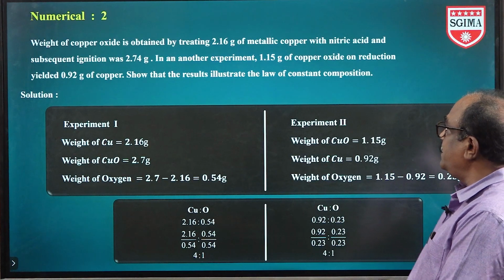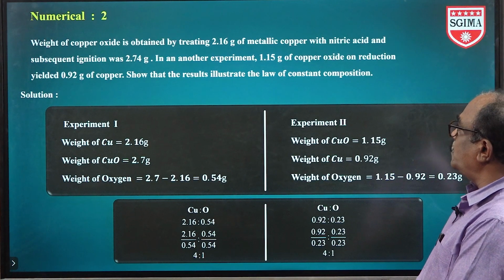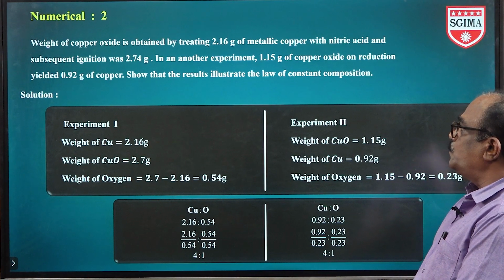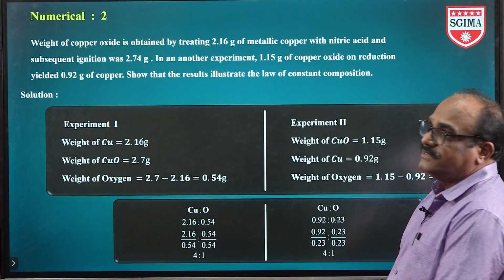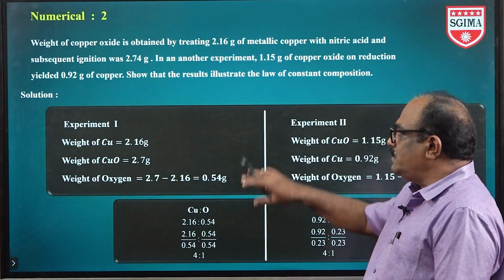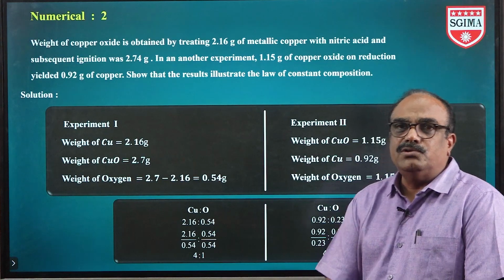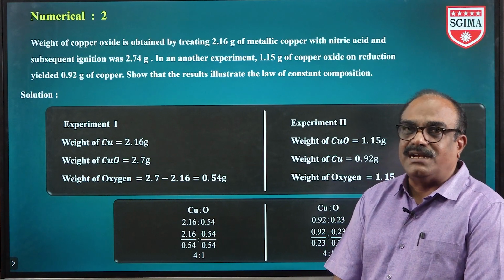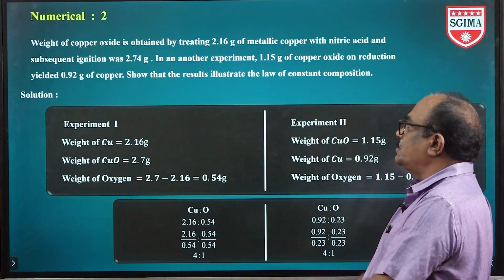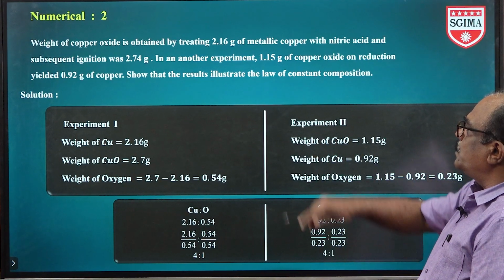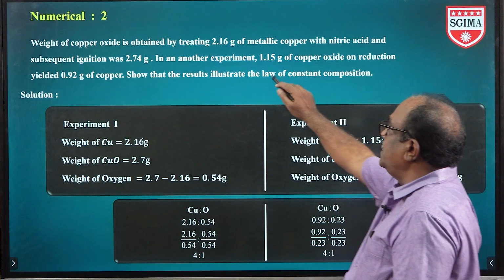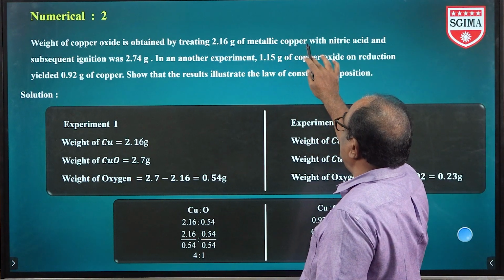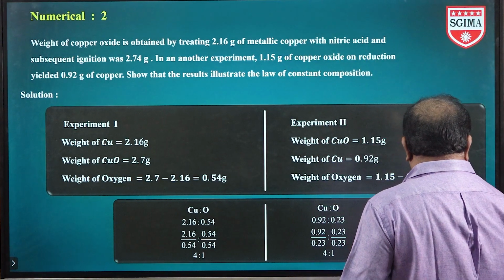In another experiment, 1.15 grams of copper oxide on reduction yielded 0.92 grams of copper. Practically speaking, at this stage, you do not require any chemical equation, since you need to understand what is happening in the reaction. Copper oxide is obtained by combining 2.16 grams of metallic copper with nitric acid.